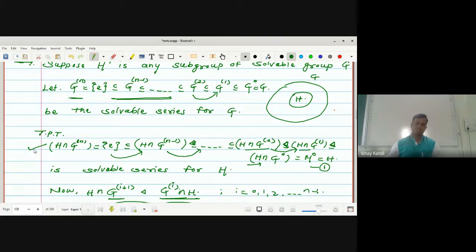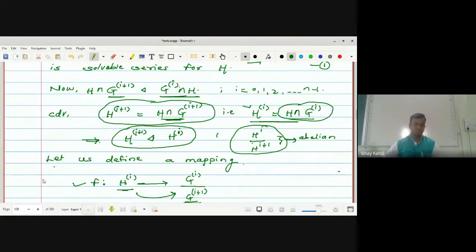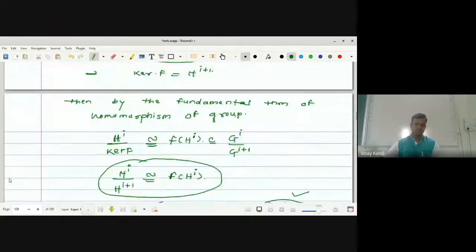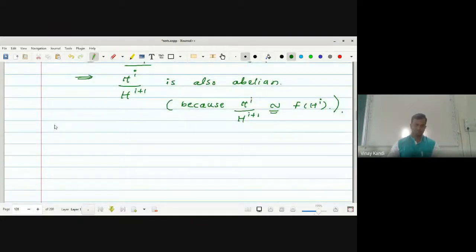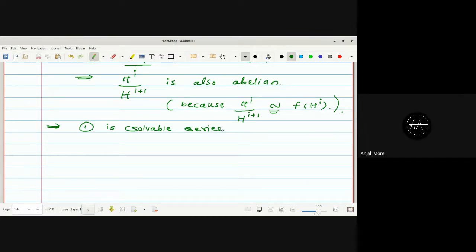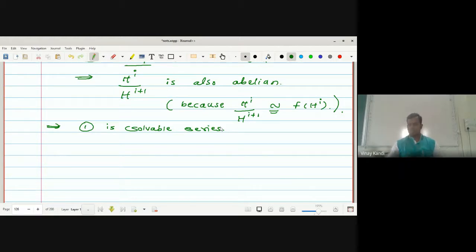That means this series, equation 1, is a solvable series. Any doubt? No, sir. So by the way, any subgroup of a solvable group is again solvable. That implies H is a solvable group.